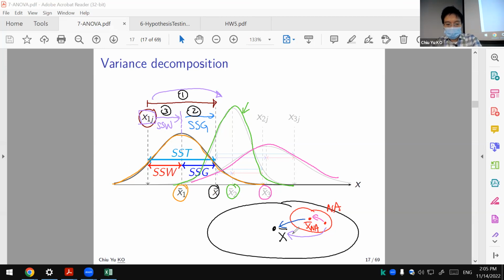So the key here is the following. You do notice that SSW, the difference, is actually measuring sigma square, because it's looking at the data running around this group mean.